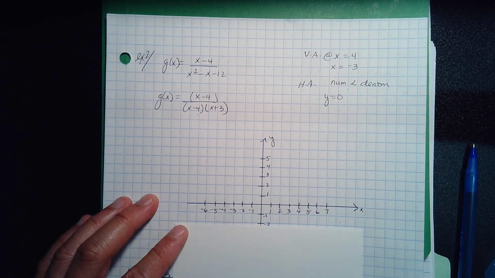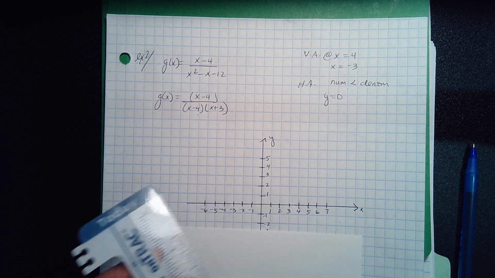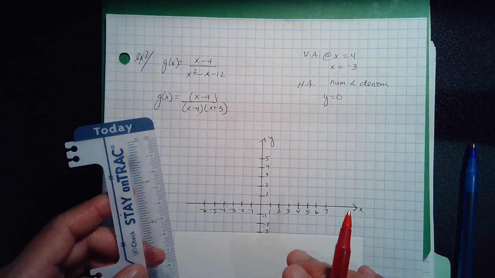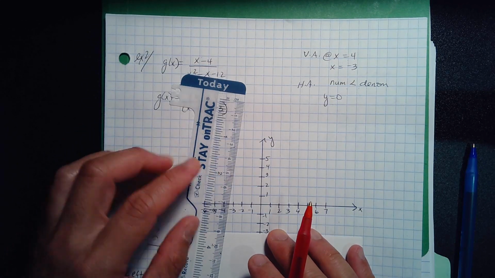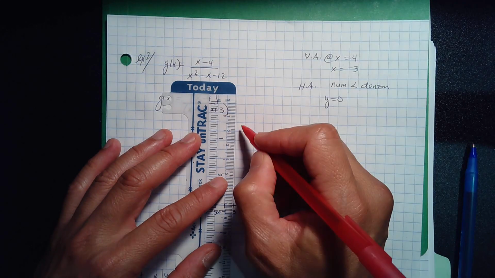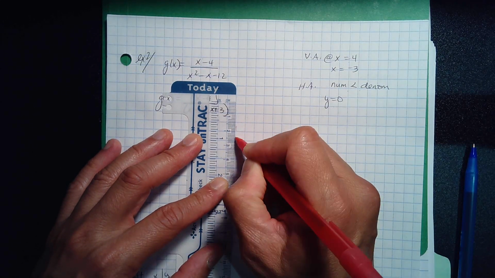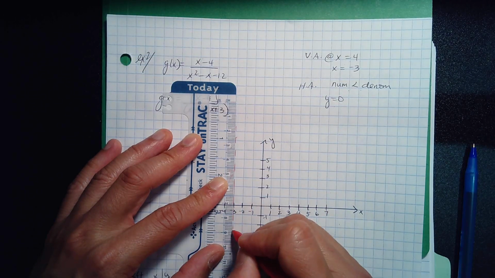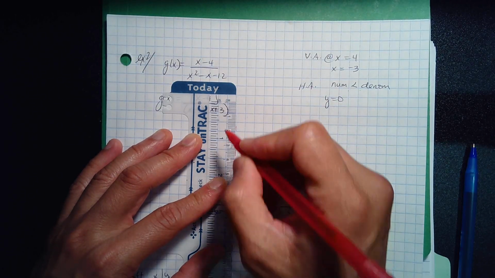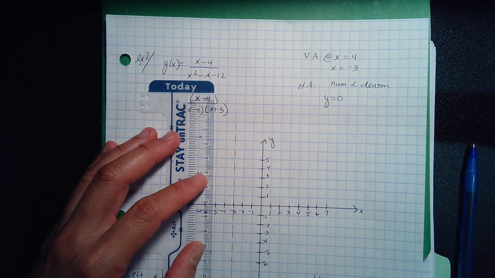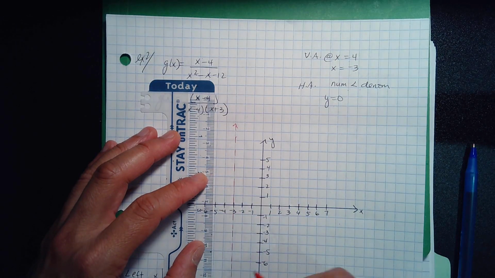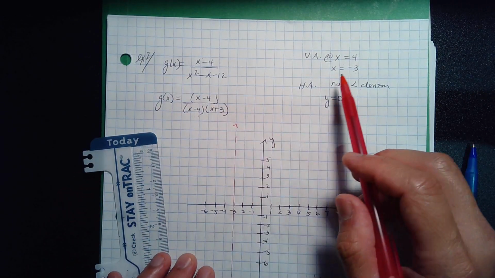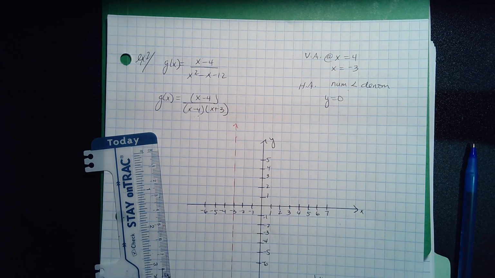We're going to graph x equals 4 and x equals negative 3. So let me plot this here. Okay, so this is one vertical asymptote. Now, x equals 4 is a vertical asymptote, but it's what you call a removable discontinuity.